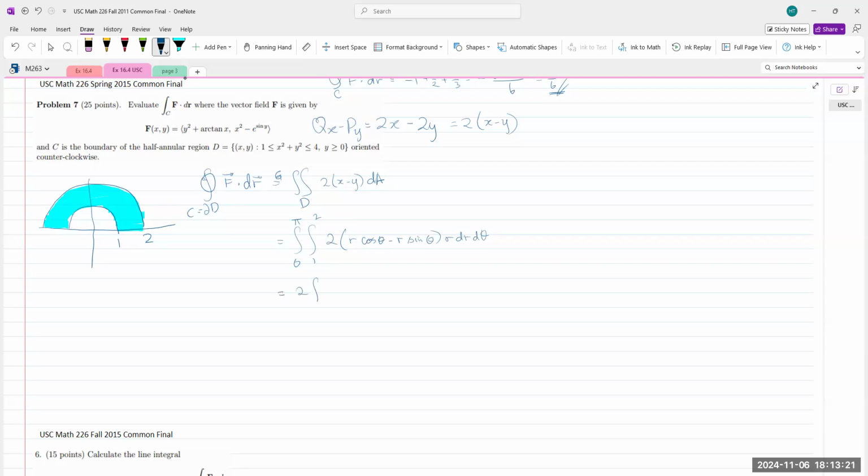That's 2 times the integral from 0 to pi of cosine theta minus sine theta d theta, times the integral from 1 to 2 of r times r, I factor the r here now, so r squared dr. Okay, so this is 2 times 0 minus 2.